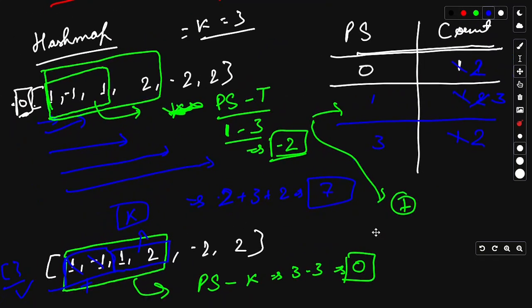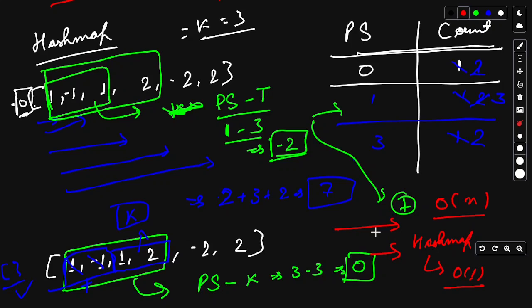Okay, so the time complexity of this solution will be big O of n, because we will just have to go through the array one time and we will have the solution. The space complexity will be used by the hash map, and searching within this hash map takes constant time, so it will not take a lot of time.